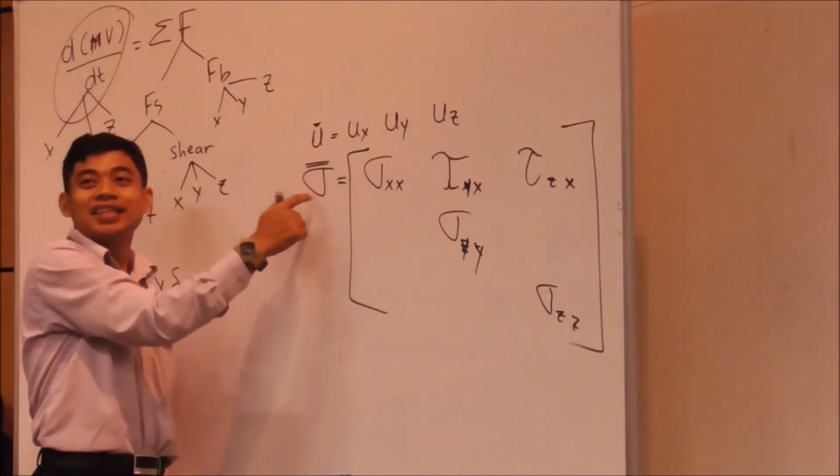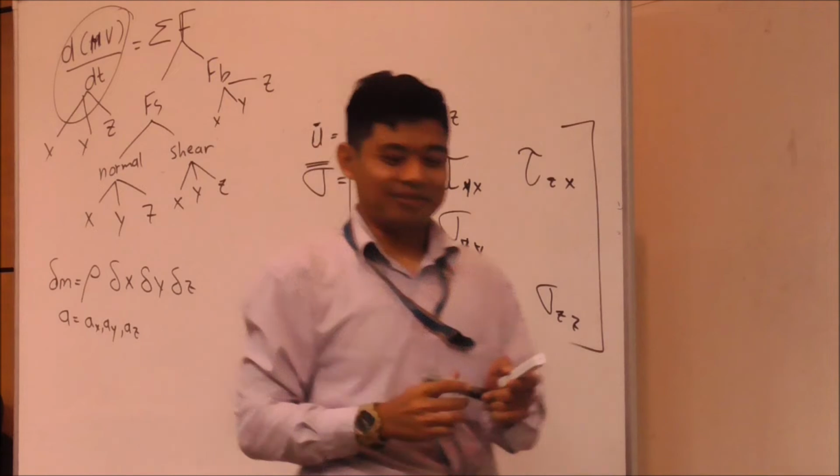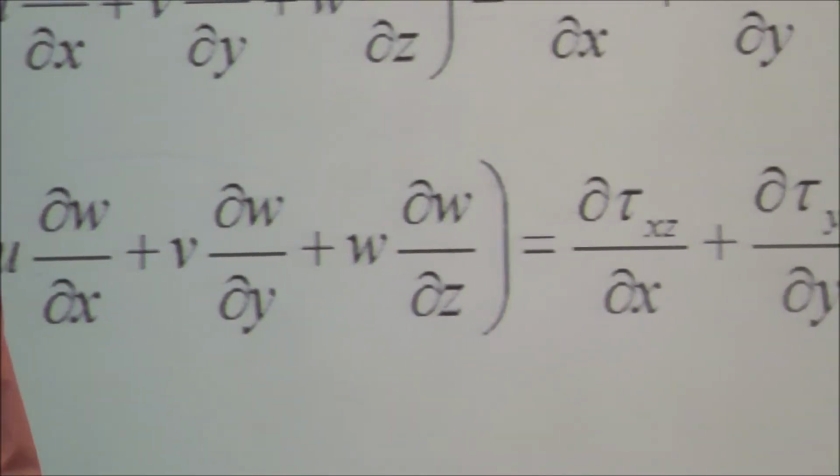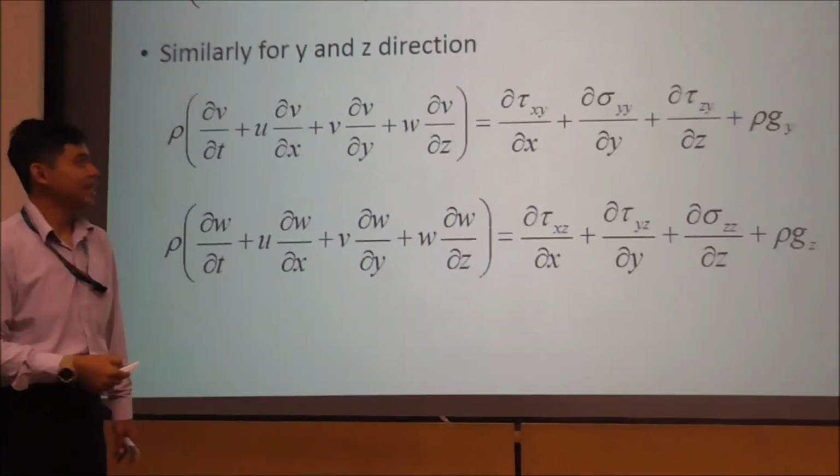This is vector, this is tensor. Okay, so even though it looks like only like this, at the end of the day, it can be complicated.